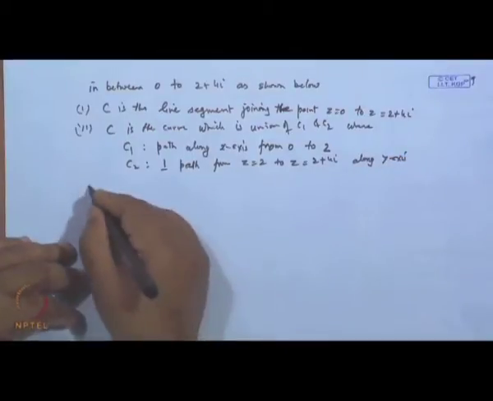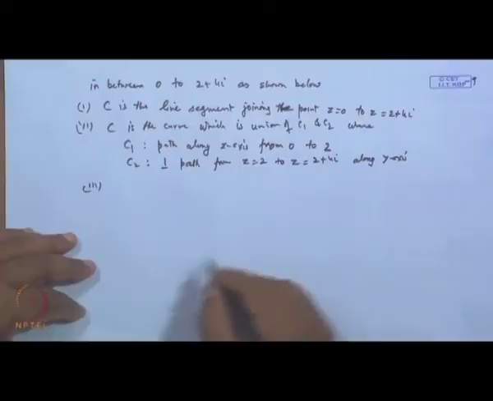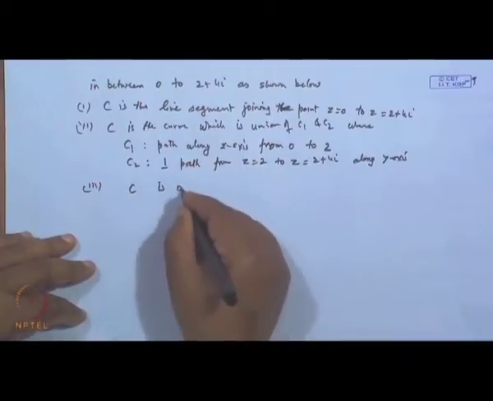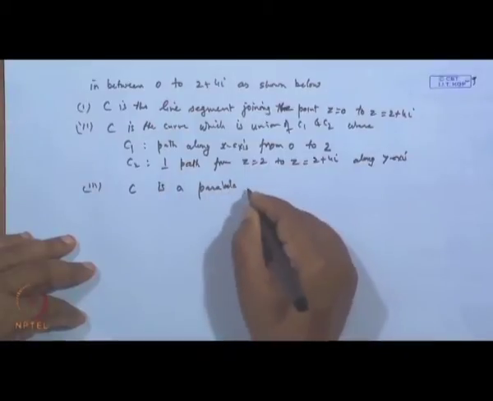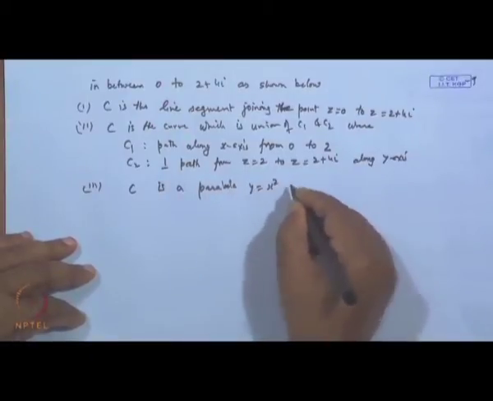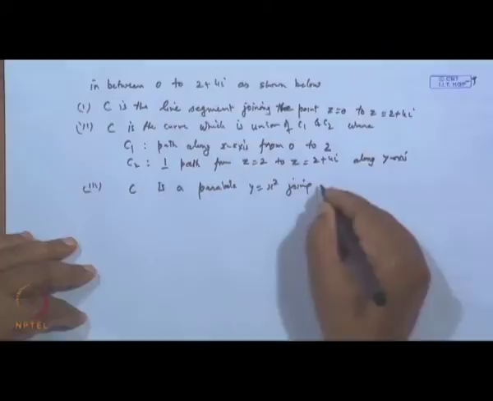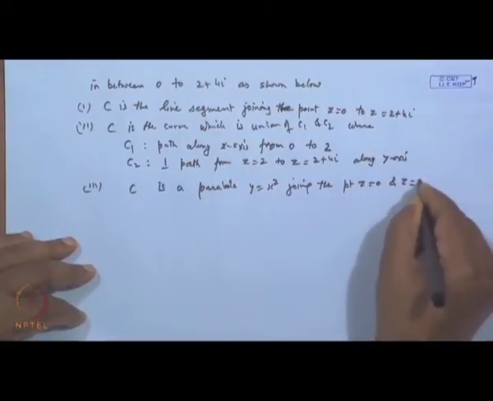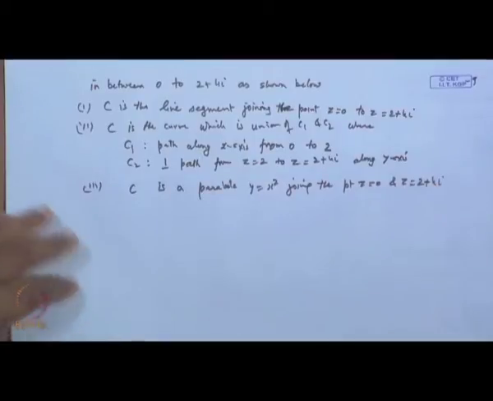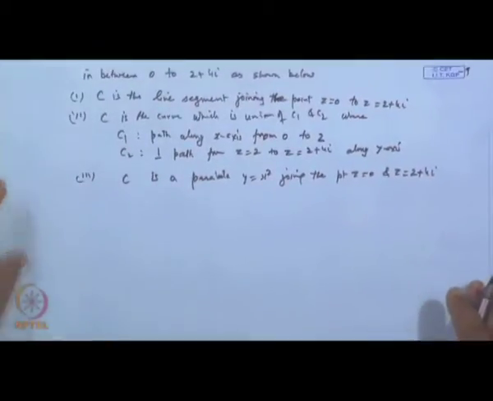Then third is, C is a parabola y equal to x square joining the points z equal to 0 and z equal to 2 plus 4i. So, we have seen these three cases.